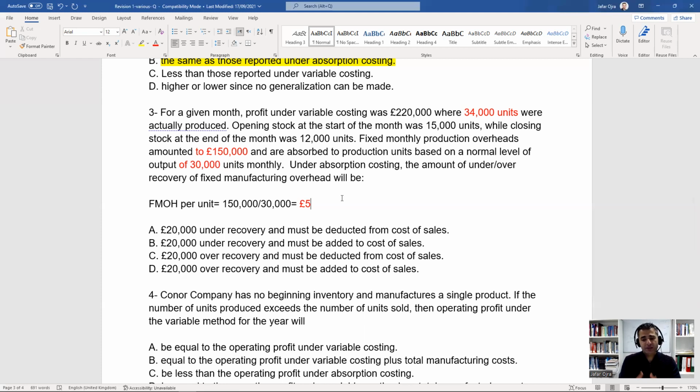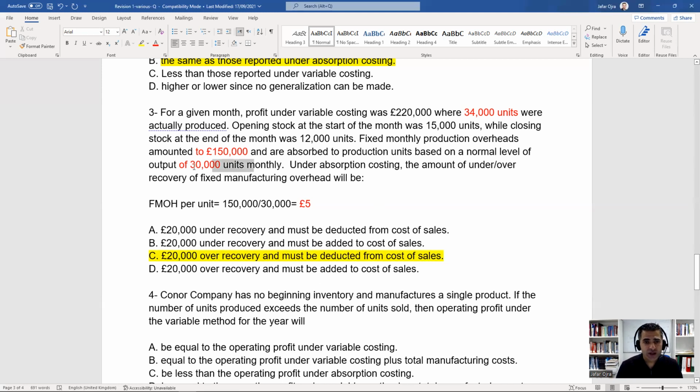But here in this example, the answer is C, because it's £20,000 over recovery, and over absorption must be deducted from cost of sales. I hope it's clear, guys.